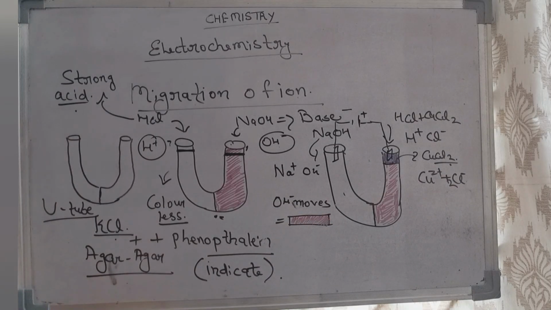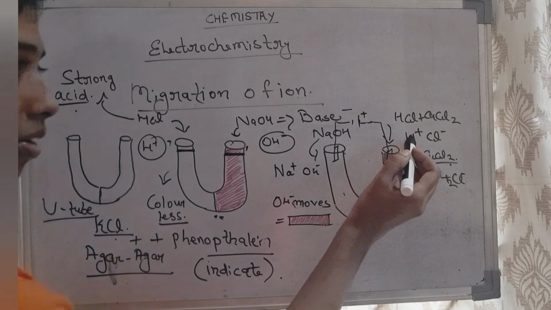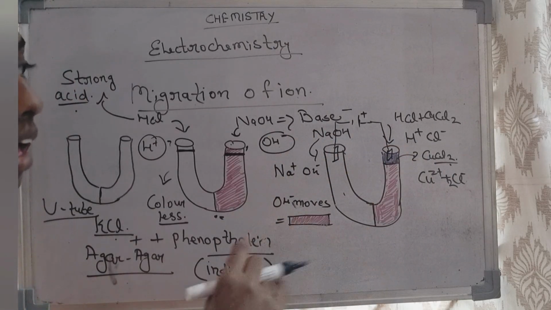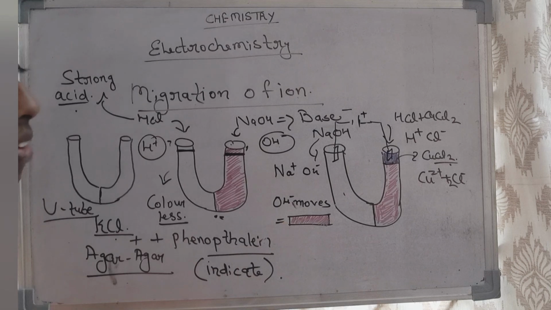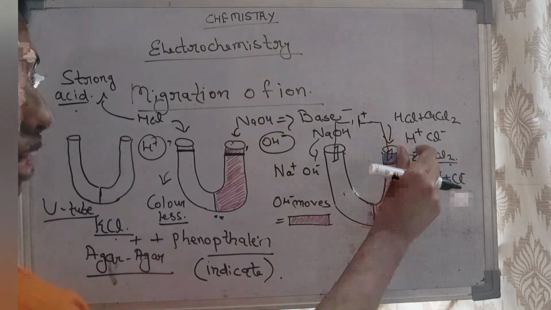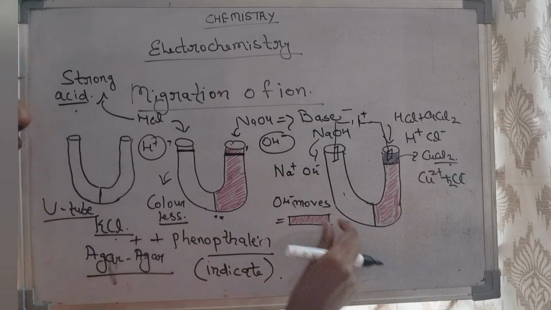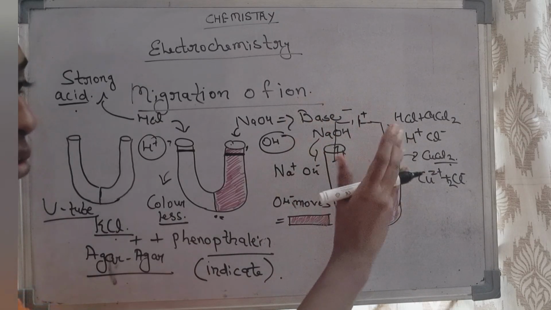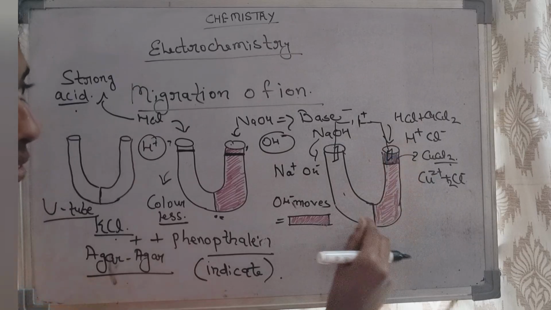On the other hand, this H positive or Cu2 plus is also a kind of cation, or you can say positively charged ions. So when the H positive moves towards this side, because the negative terminal is here, H positive likes to get attracted towards this negative terminal.